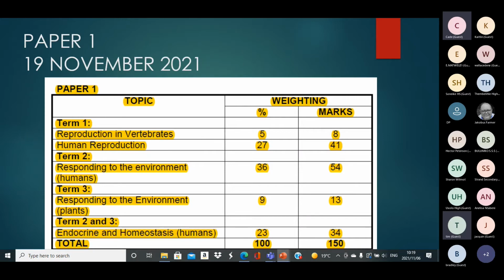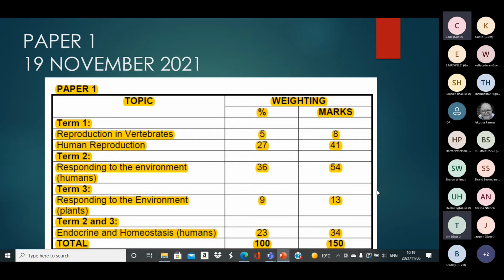Just to remind you, and this is coming from the exam guideline, grade 12, paper 1 is the 19th of November. Remember, paper 1 is 150 marks, and don't worry about the terms now, just the topics. Reproduction in vertebrates, it's 8 marks. Human reproduction is 41 marks. Responding to the environment, which is the nervous system, the endocrine system, we've dealt with that.